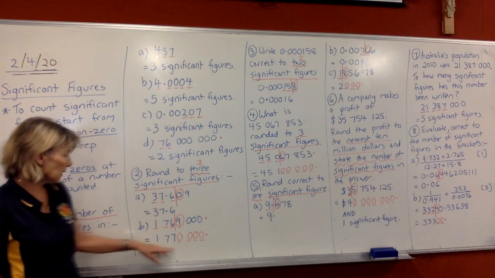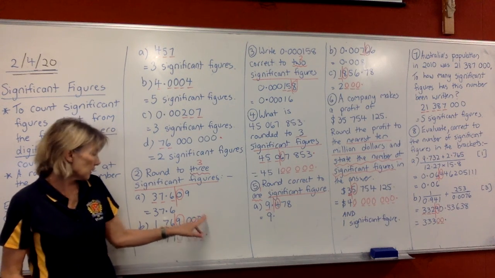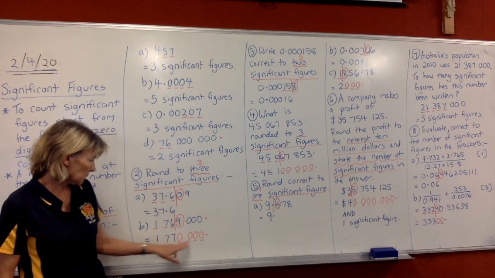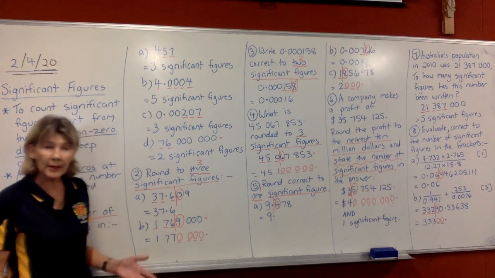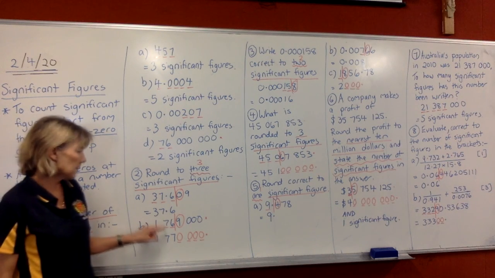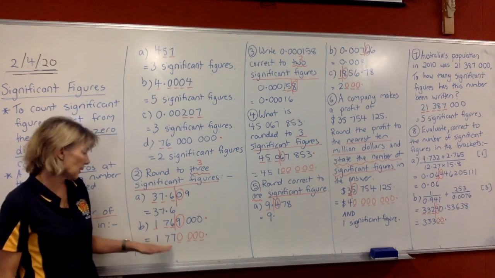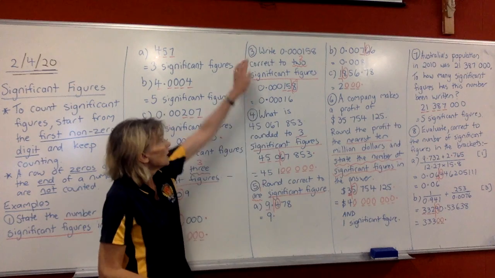So we have to keep going with our digits right up to the decimal point. This whole number has a decimal point at the end, so all these blank spaces have to be filled in with zeros. Then the answer actually makes sense. 1,769,000 could be rounded off to 1,770,000.